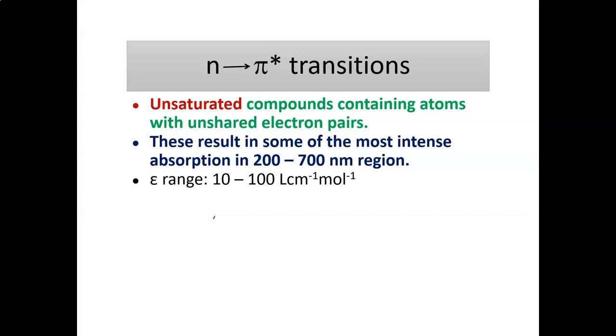Okay, n to pi star transition, since it is pi, it must be an unsaturated compound, and also have a heteroatom or unshared electron. This absorption is intense and happens in the region of 200 to 700 nanometer.